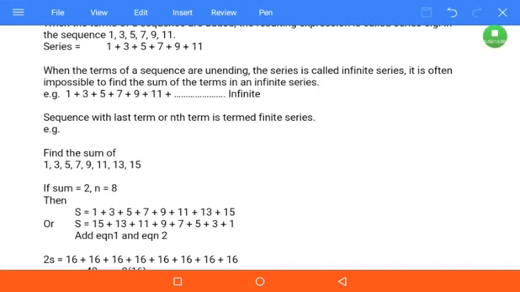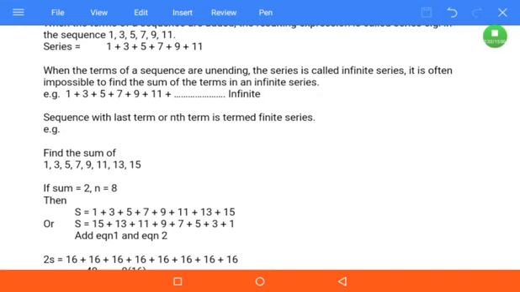It is often impossible to find the sum of the terms in an infinite series. You cannot find the sum of all the terms because you don't even know the number of terms in that series. So how will you find the sum? But whenever the series is a finite series, you can find the sum because we know all the terms involved.